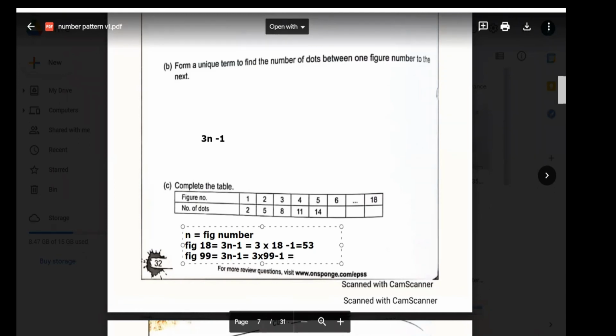That's why we need to learn the n term. So we have 99 times 3 minus 1. How much is that? Okay, 296.